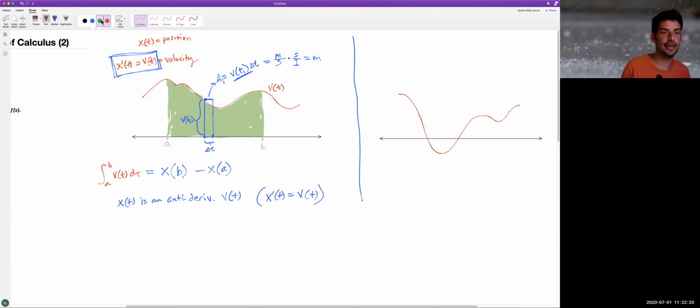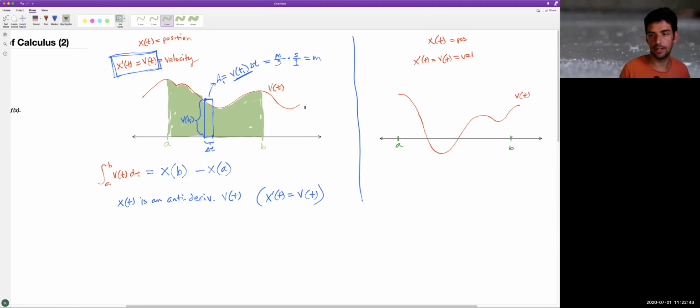And so let's say now we were looking for the integral of v, so this is still a graph of v of t. We still have that x of t is position, x prime of t is velocity, and our area is going to be, let's make this bigger, right?